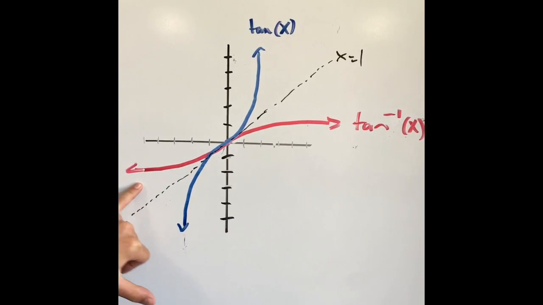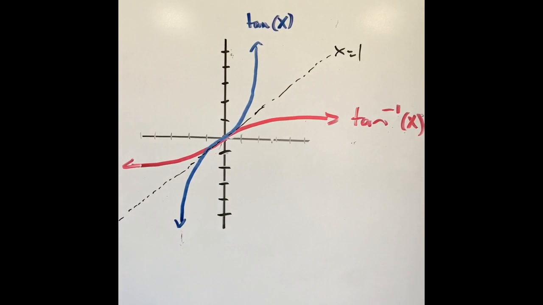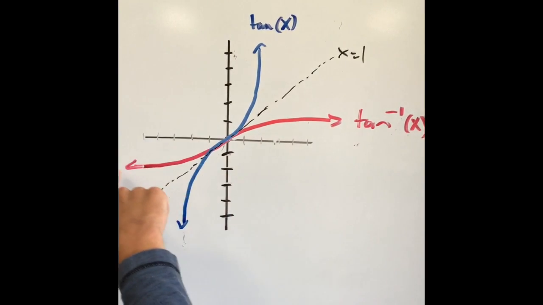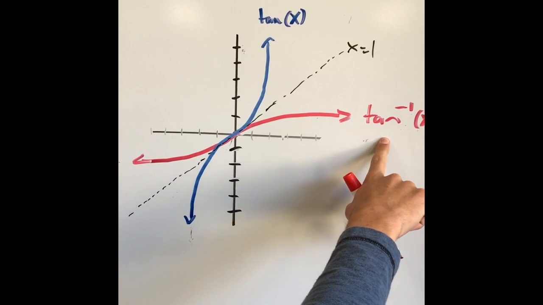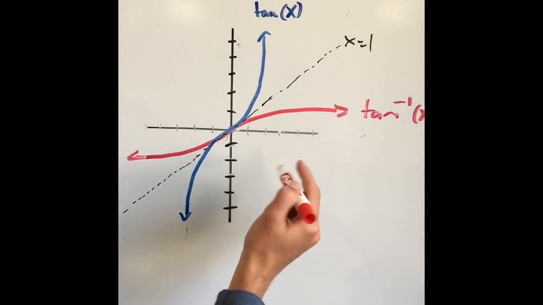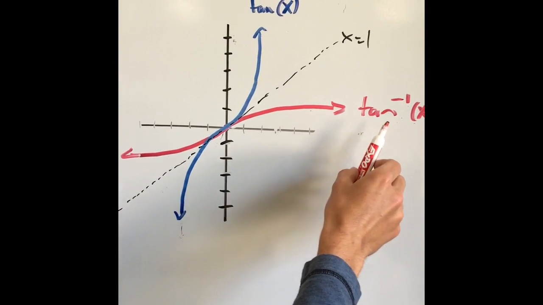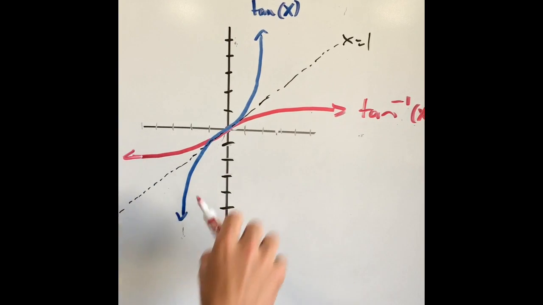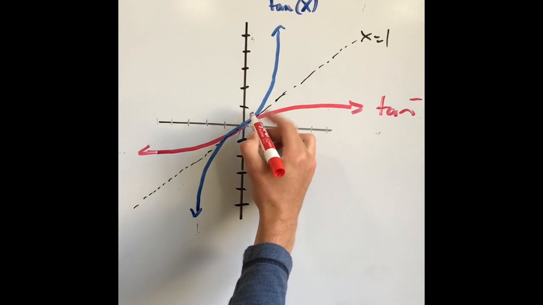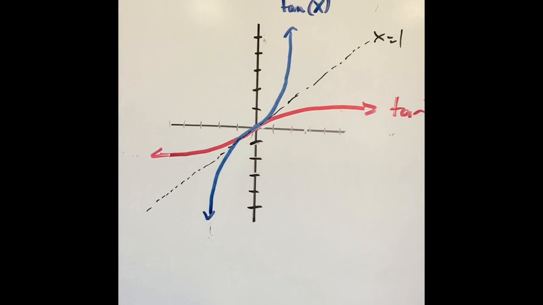And if you draw a good enough picture, you are often able to recognize what that function is. So if we look at this function, it looks a lot like the inverse tangent of x. And if you go backwards to get the inverse of the inverse, you can see that this looks exactly like the tangent of x with a slope of 1 at 0 going up to an undefined slope.